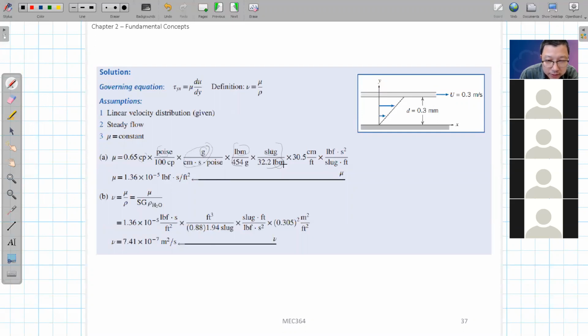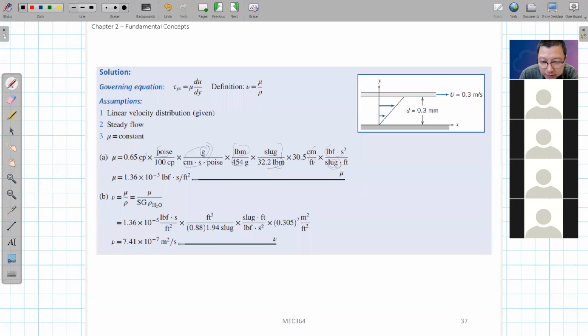Okay, and then we multiply by this term to change this centimeter to the feet, and at the end we change this slug mass term to this pound force.